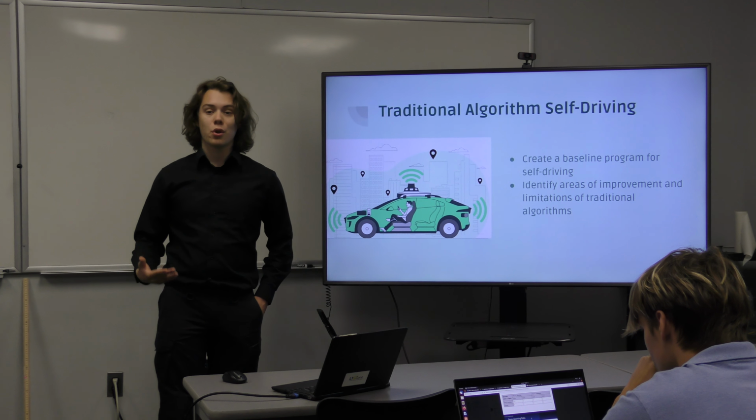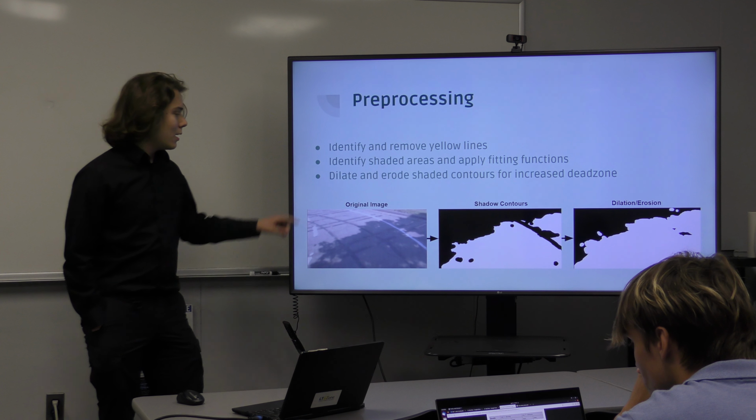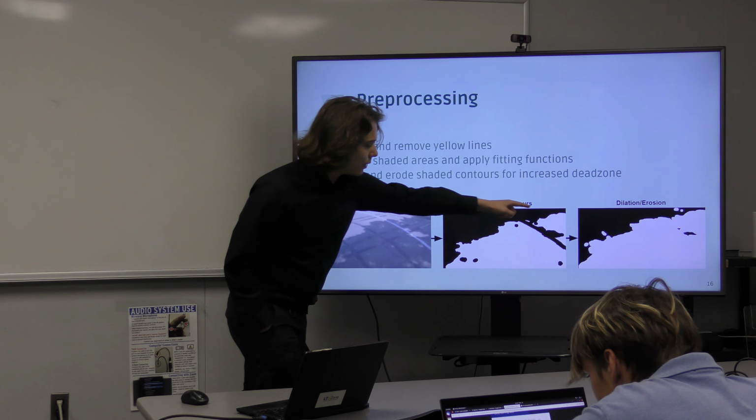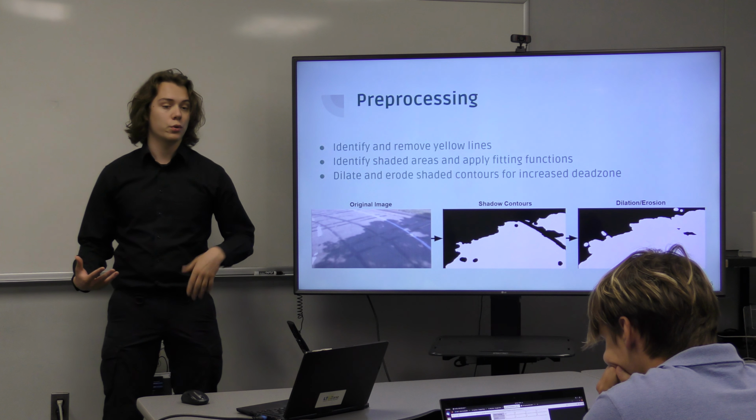Now, for the traditional model, it is imperative mainly to get the pre-processing correctly finished so that the lines can be properly detected so that it can actually follow those lines for the lanes. So the first obstacle that comes up is the difference between white and yellow lines. So the pre-processing for the images for the vision-based program identifies and removes the yellow lines. It finds the shaded areas, as you can see here, and colors them in two different colors, so you can identify which areas are shadows and which ones are not.